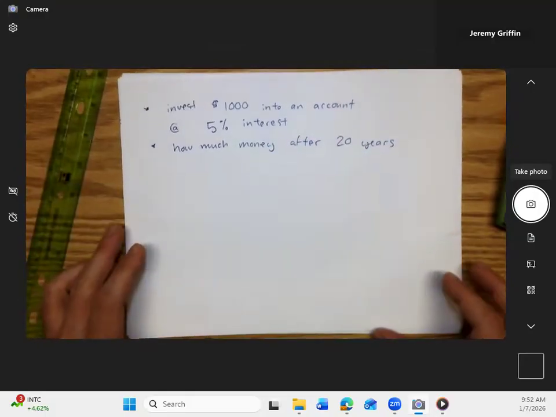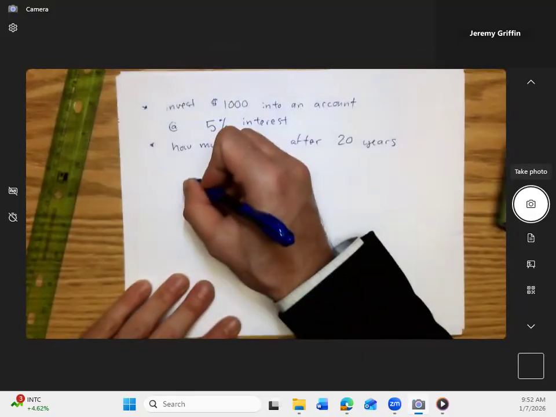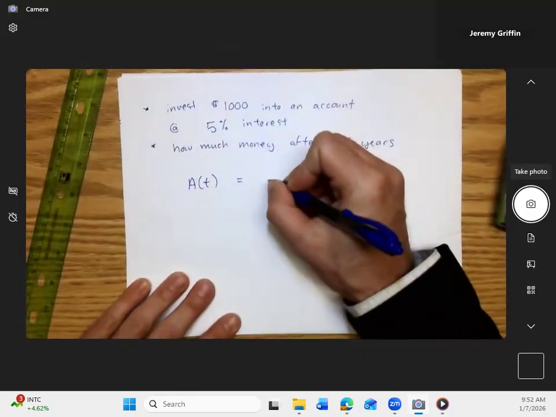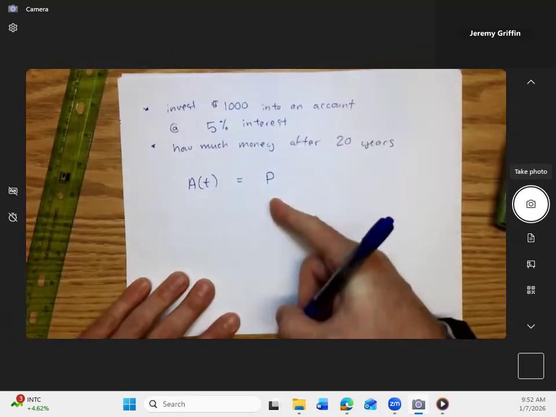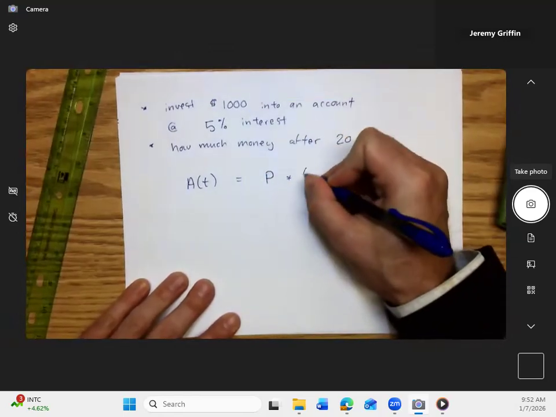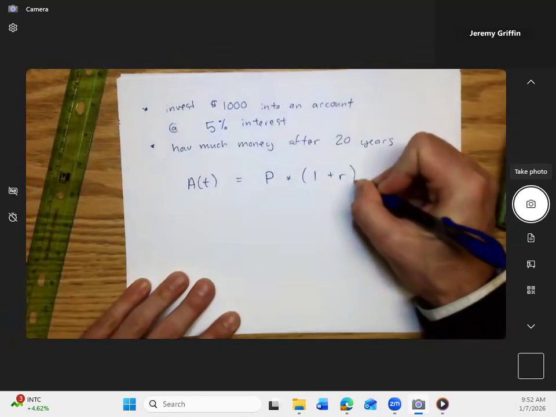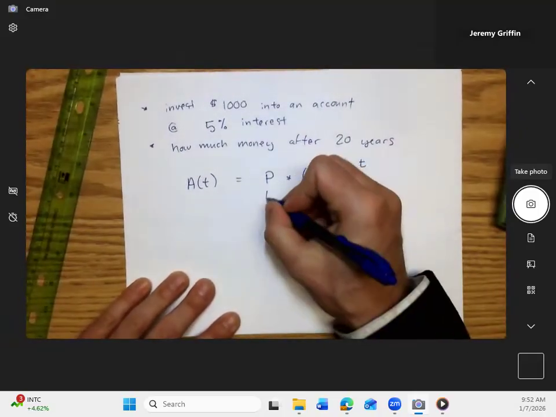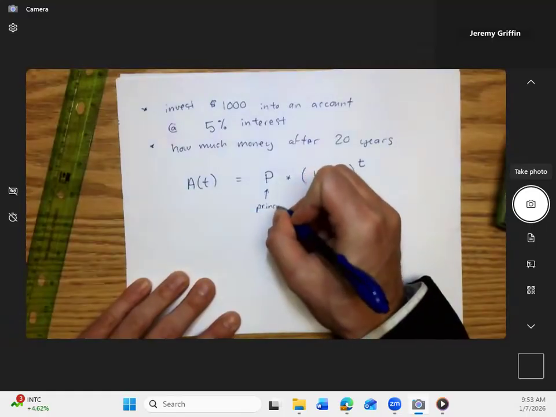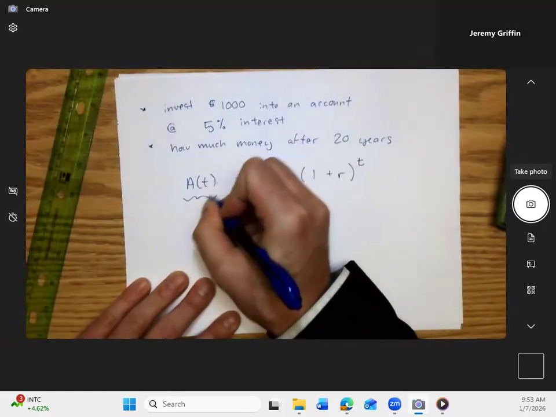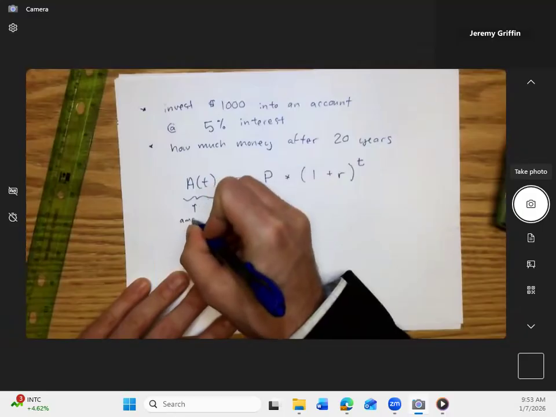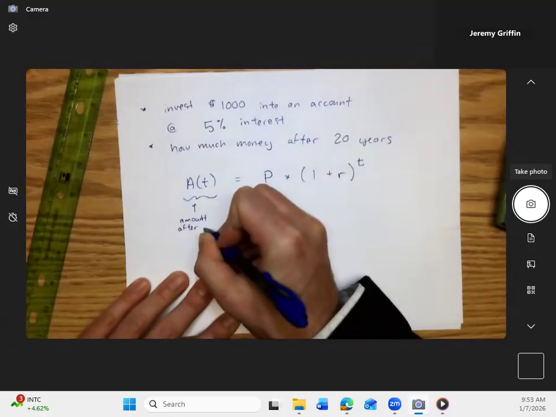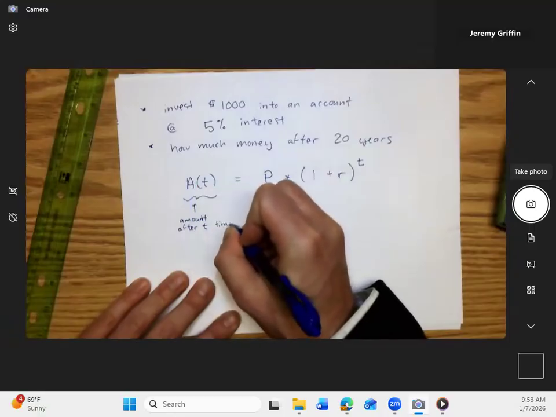This is going to be exponential growth, and the equation looks like this. The amount that you have as a function of time is equal to the principal amount, sometimes you see a P, sometimes you see A naught, multiplied by 1 plus the interest rate to the power of the amount of time that's passed. P stands for principal. This A is the amount after T time, so T number of years.